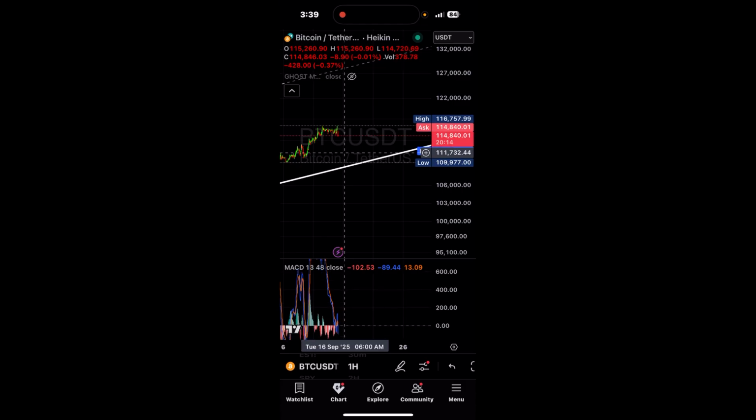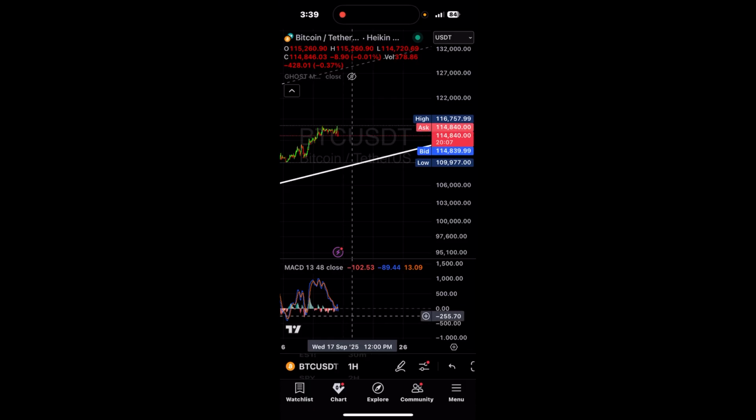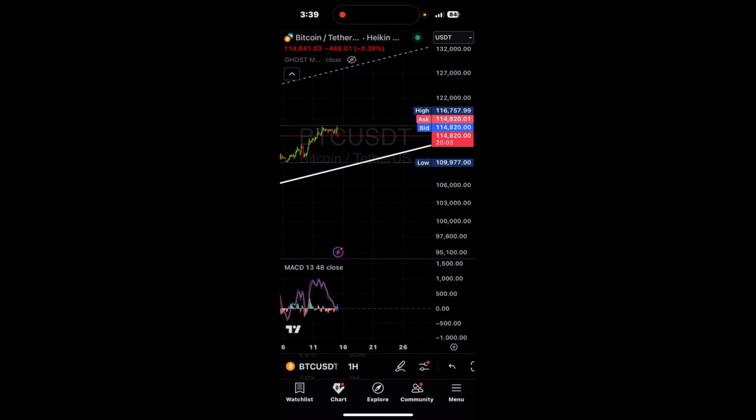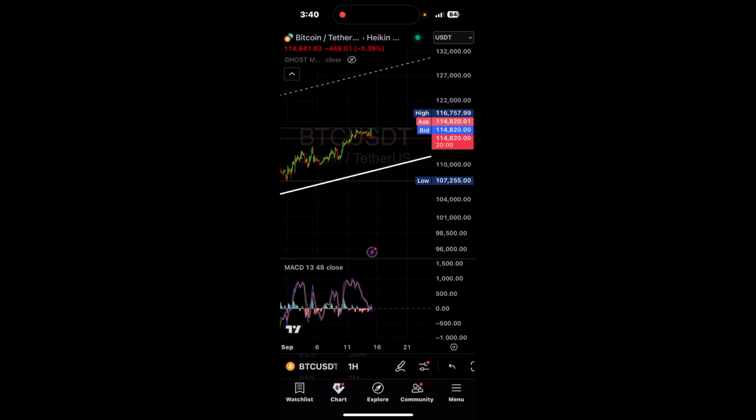So you just want to look at your MACD and find a good moment to get in. You need to wait for the MACD to come down, turn around, come back up. That's where you would re-enter again. So that's looking at Bitcoin.